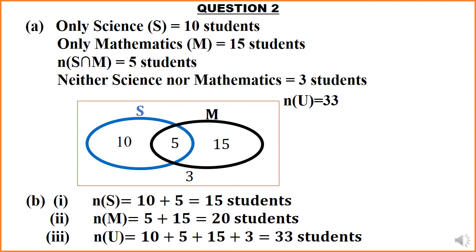In our question, we have only science, S, equal to 10 students, only mathematics, M, equal to 15 students, S intersection M, which is both science and mathematics, equal to 5 students. Neither science nor mathematics, which is students who belong to neither, is equal to 3 students.